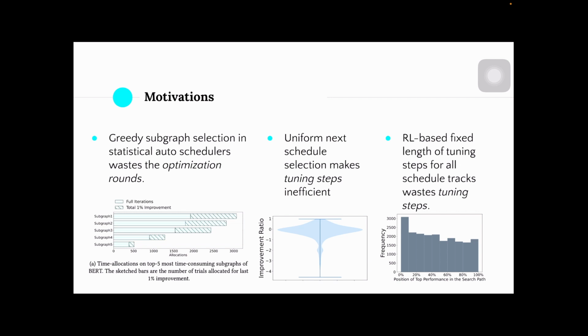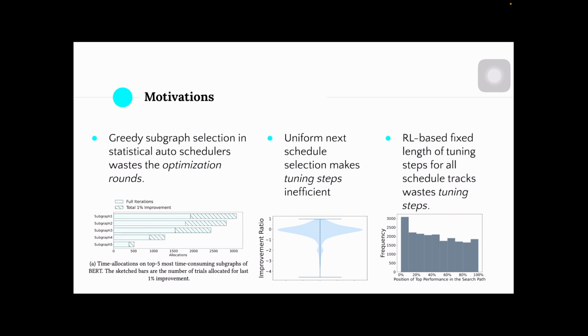For example, the first one, we want to verify that the greedy subgraph selection in statistical autoschedulers will waste the optimization rounds. This figure is conducted on BERT. Subgraph 1 is the most time-consuming subgraph, so it is allocated most of the optimization rounds. And the sketch bars mean that they are the last 1% improvements.